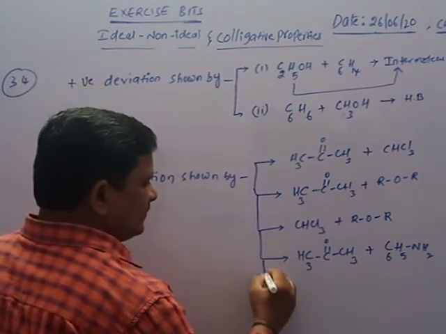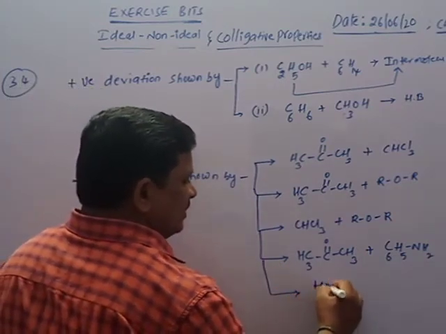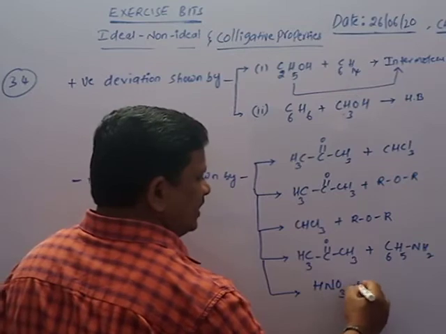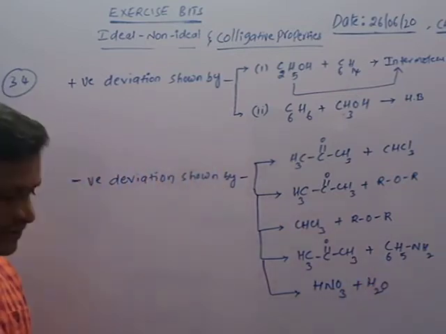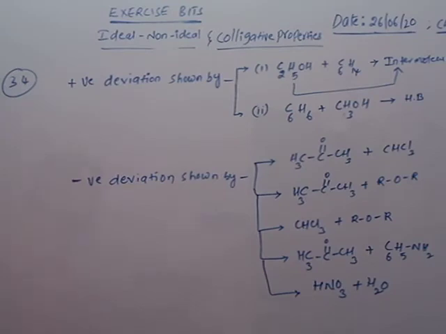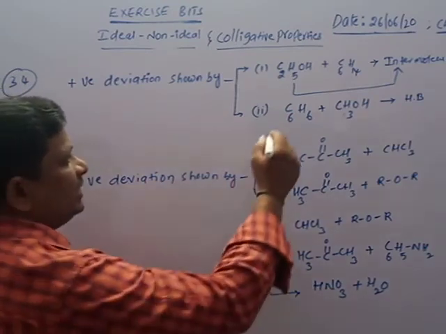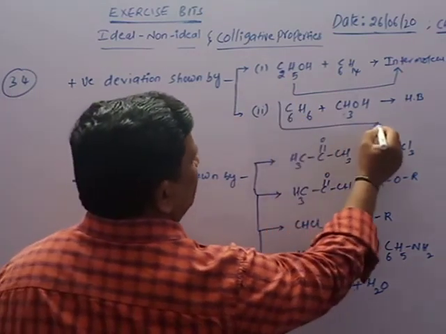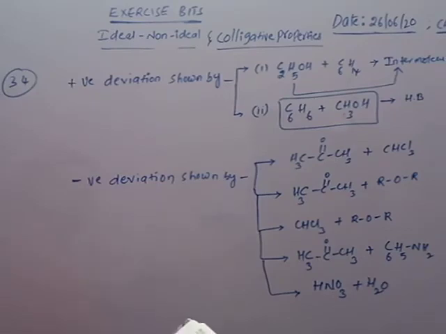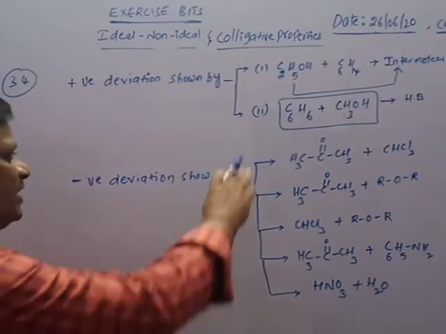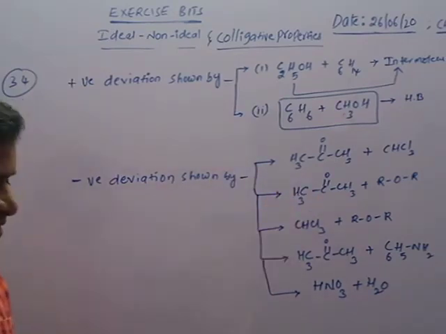The mixture of nitric acid and water also shows negative deviation. So the answer to the 34th question is benzene and methanol. This mixture shows positive deviation; the remaining ones show negative deviations.